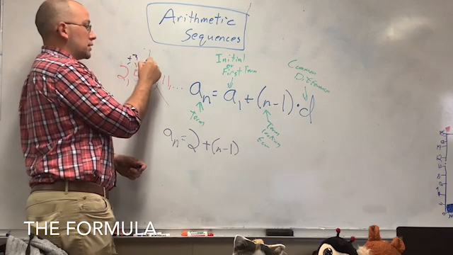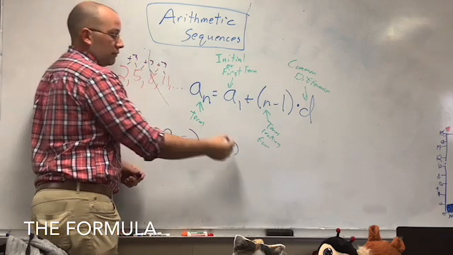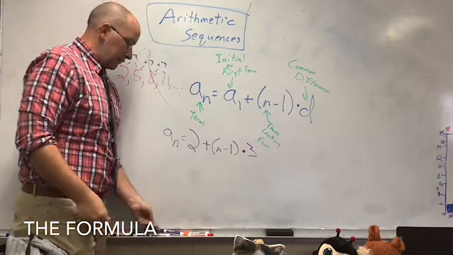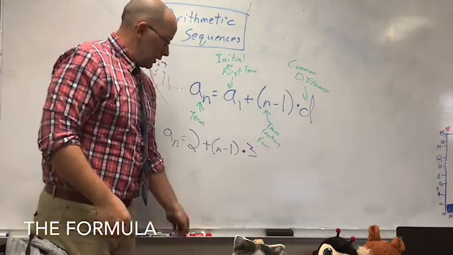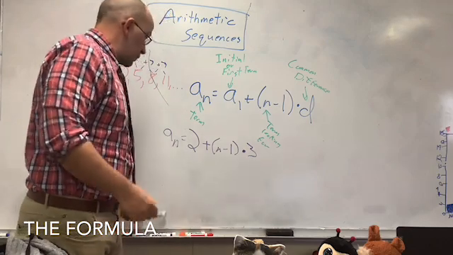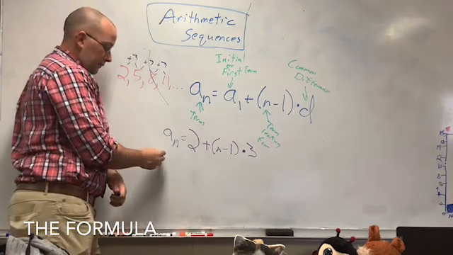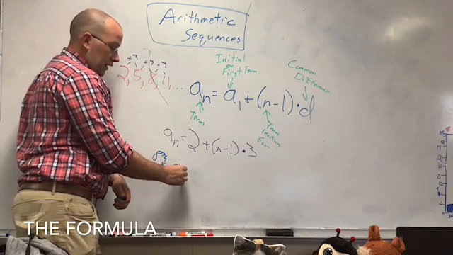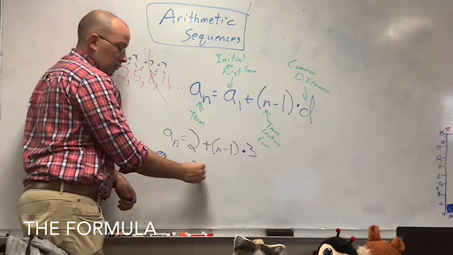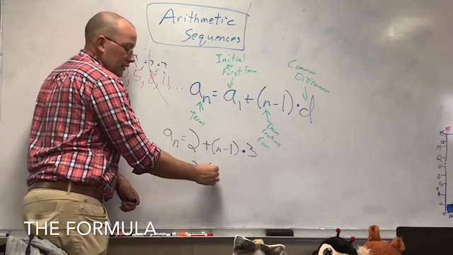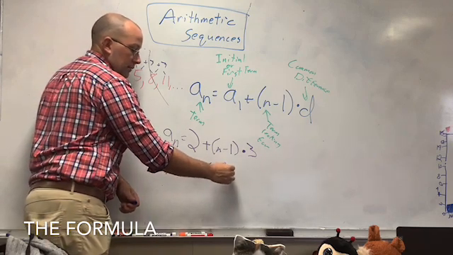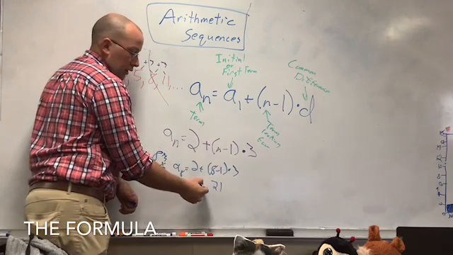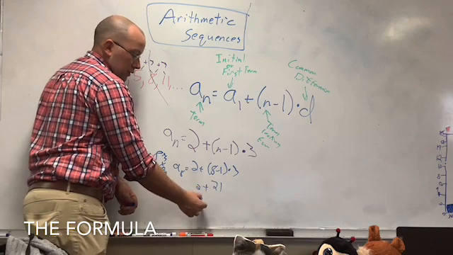Plus 3, plus 3, plus 3. So times 3. Now let's say I'm looking for the 8th term. So A8 equals 2 plus 8 minus 1 times 3. So that gives you 21 plus 2, which is 23.